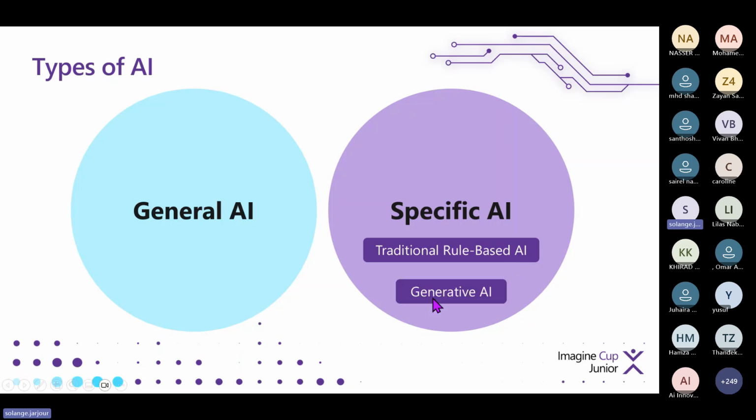And underneath comes generative AI, which is the new trend in artificial intelligence. So it is very important for you to know that we are still in this area, which is a specific AI that is dedicated toward a specific scope. Okay? We are not yet under the general AI. So maybe the ideas that you are coming up with will be here.